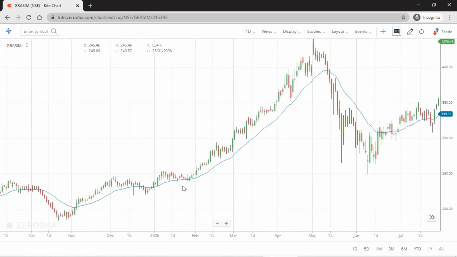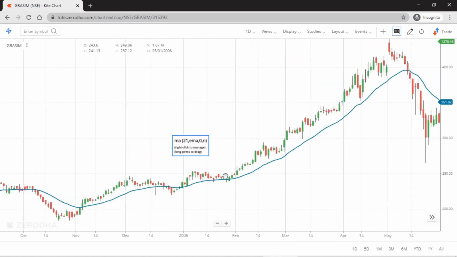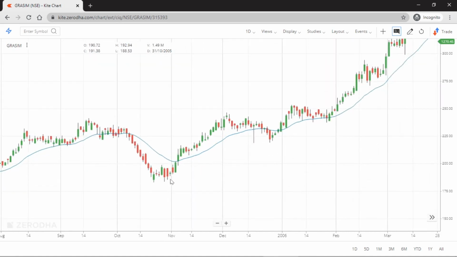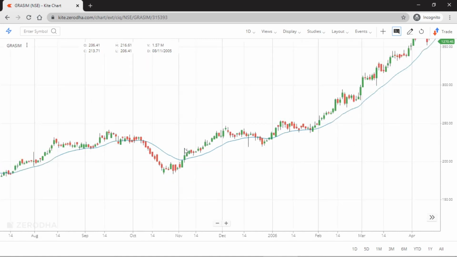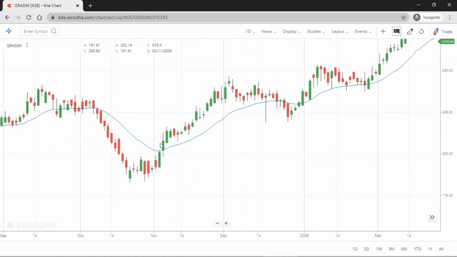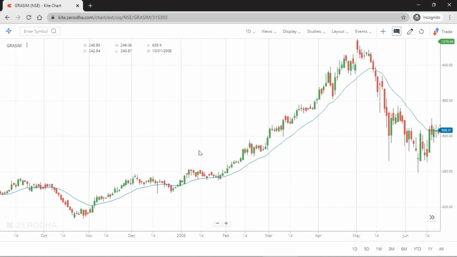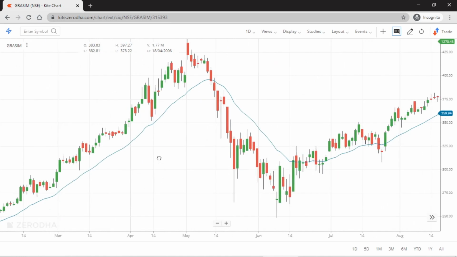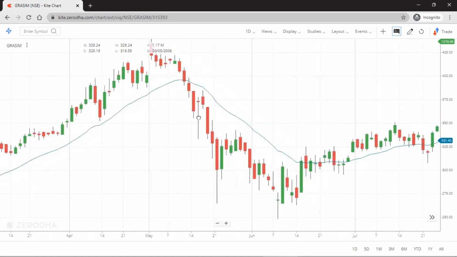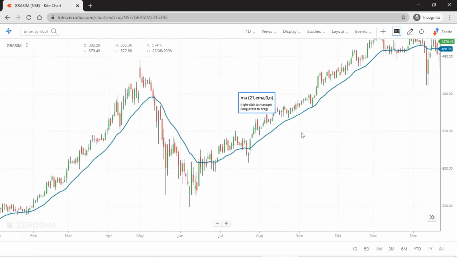So whenever price closes above the EMA, let's from here basically the price starts closing above the 21 days EMA, so that would give a buy signal to us. And whenever price starts closing below the 21 days EMA, that would give us a sell signal to us.